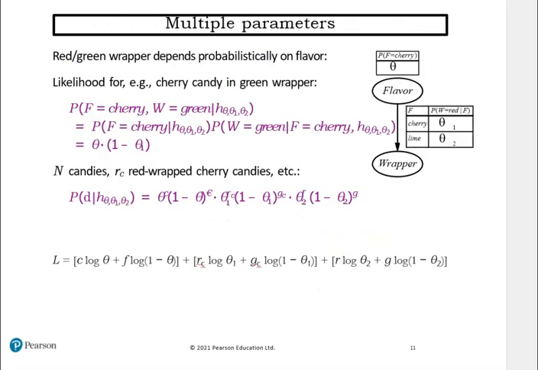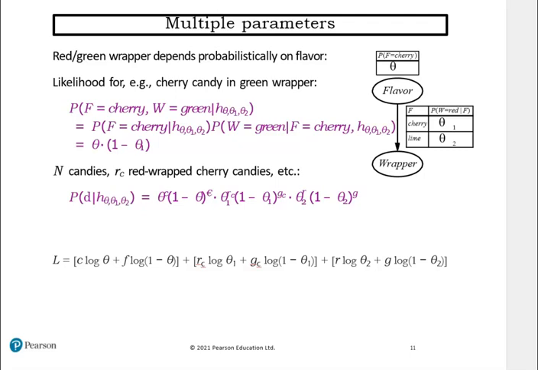Now, let's look at another example. Let's say we have a new candy manufacturer that gives us a little hint as to what's inside the candy based on the color of the wrapper. For example, let's say we have red and green wrappers.